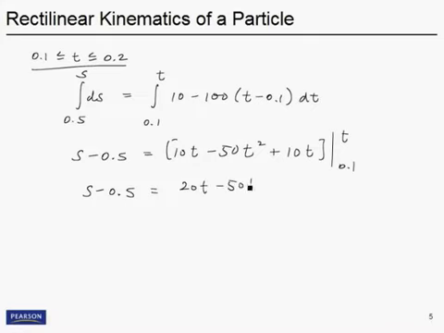And then we subtract off the values when we substitute in 0.1 for the time, and that turns out to be 2 minus 0.5. When we do all the math, we get s equal to minus 50t squared plus 20t minus 1.